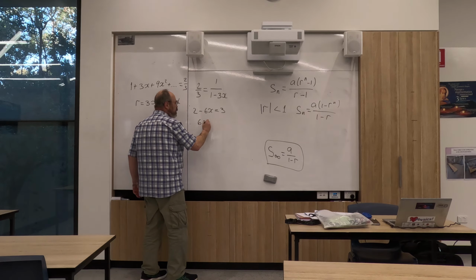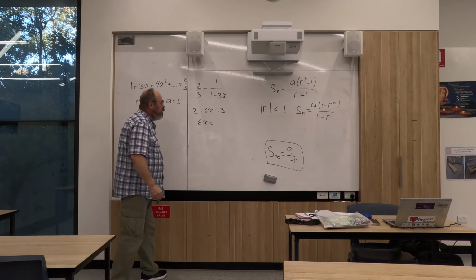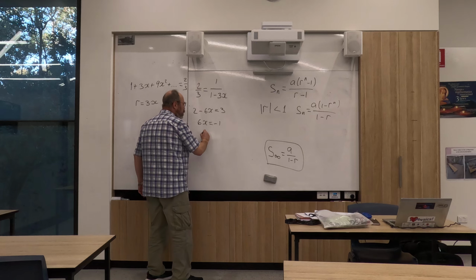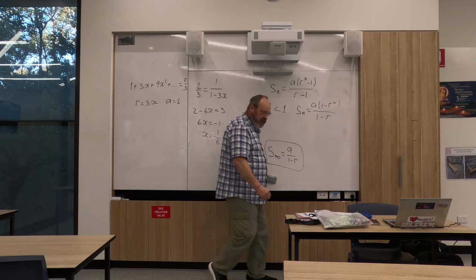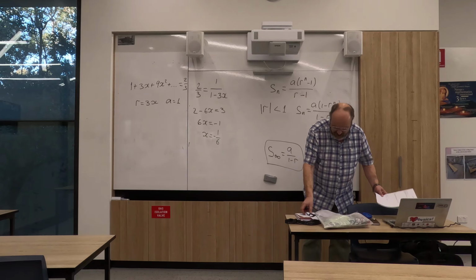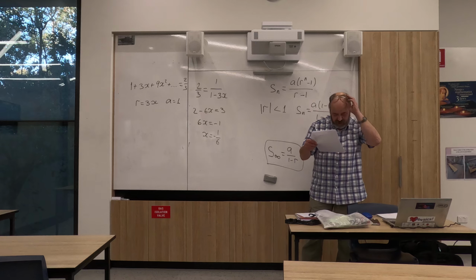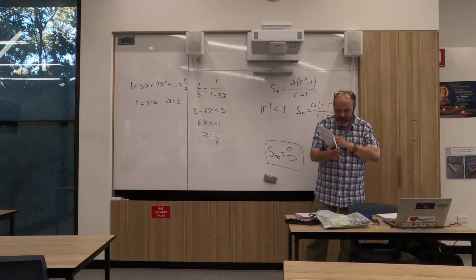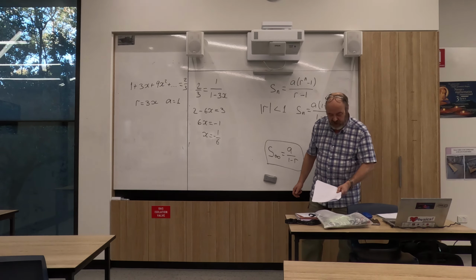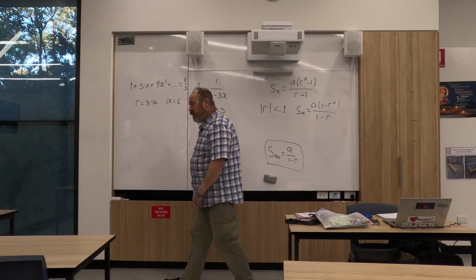So you get 6x equals -1, x equals -1/6. Let me check if I made some silly mistakes. That's correct. x equals negative 1/6.